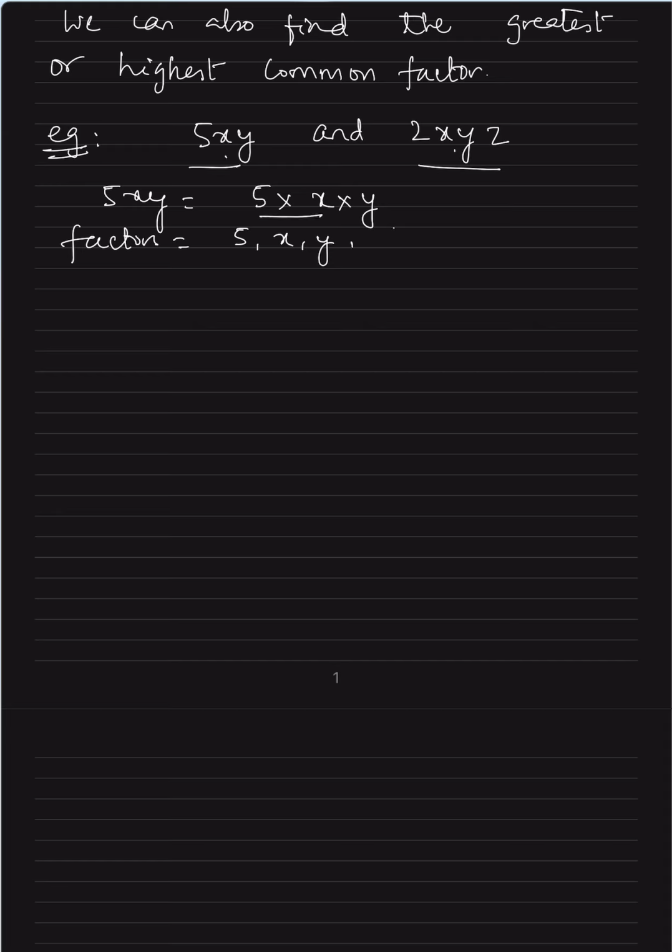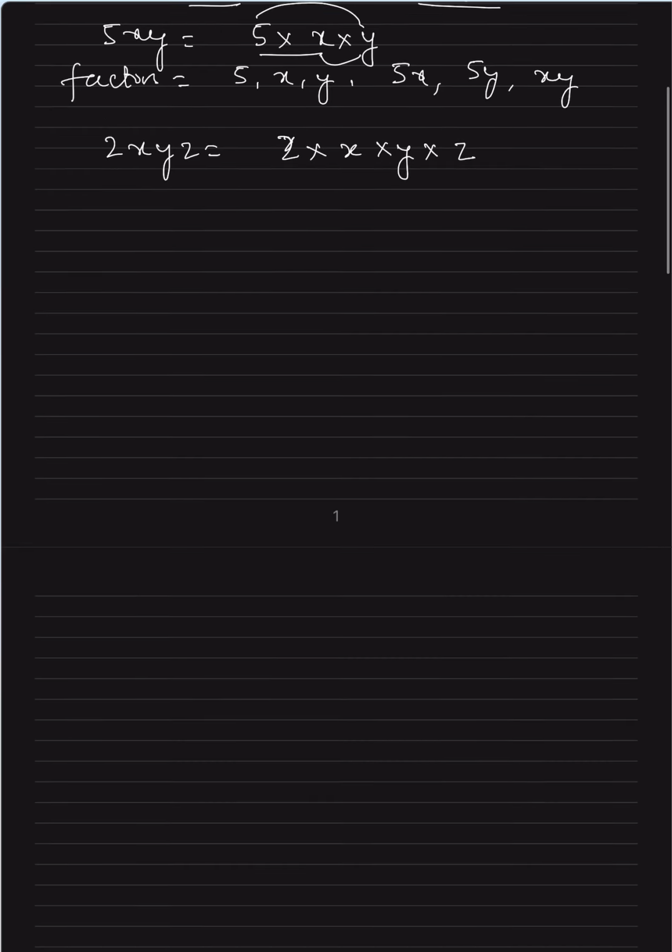We can write this together, then we can write this 2 also. Same way, if I take 2xyz, then 2 into x into y into z. Now see, then factors I can write as 2 separately, x, y and z also separately.